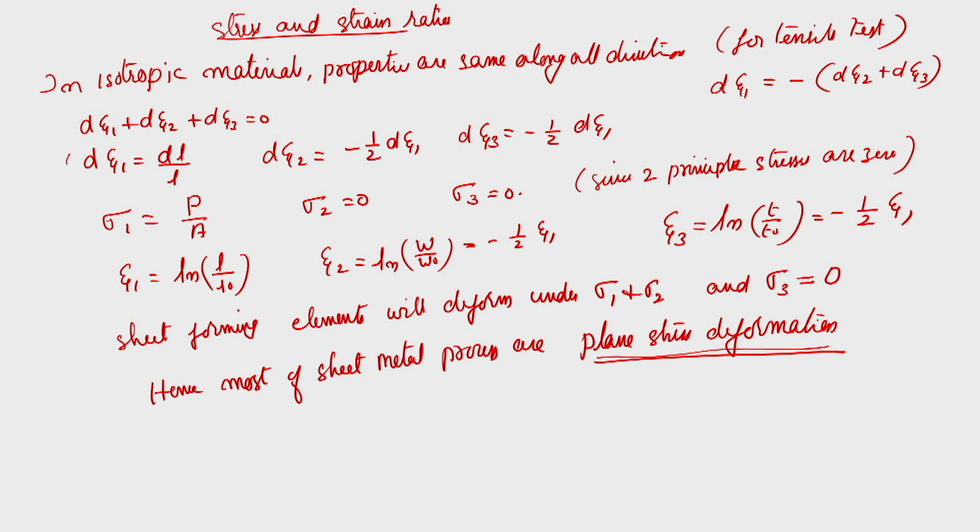Here it is the plane stress condition. And it is convenient to describe the deformation of the element under sheet metal processing in terms of strain ratio and stress ratio. So, let us see what that is. Because it has its own advantages, it becomes very simple for all calculations, stress and strain ratios.